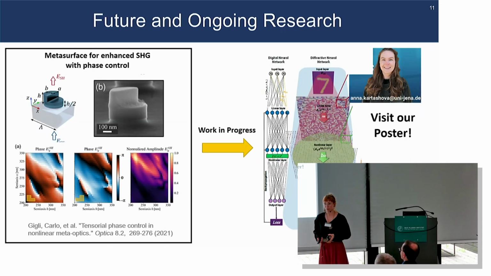So where is this research heading? Now we're working on a real physical experimental setup. This was all numerical work only, but now we are working in collaboration with Giuseppe Leo's group, who have these metasurfaces for enhanced SHG, including phase control, so it can do both.